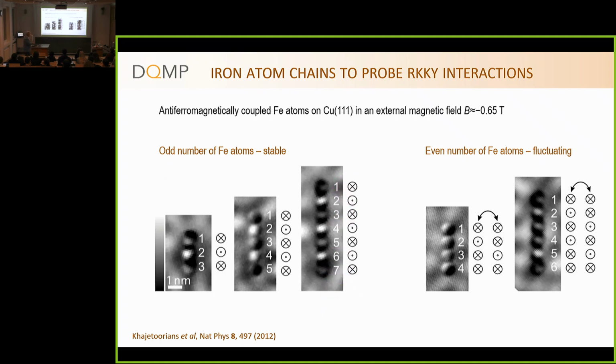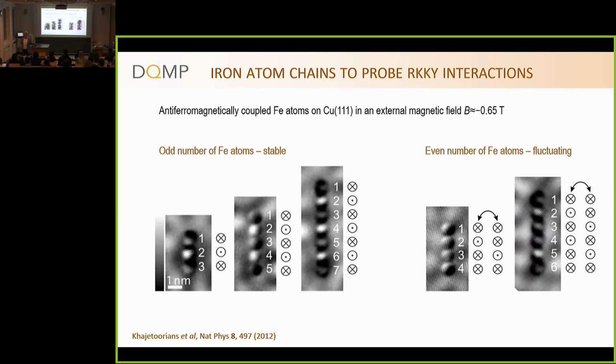If you have an even number, then it's not clear exactly how the system would like to be, either having the two ends up, the two ends have to be in the same state. That comes from the constraint with the substrate. So if it's even, then the system will not know and will fluctuate between these two states. Every time you get an even number, you have the images here, and these are spin-polarized images.